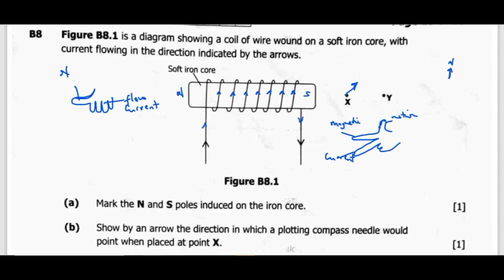Now when the hand is moved in this direction, the position and the flow of current will change depending on where the middle finger points. So this is the magnetic field, and it will point here.